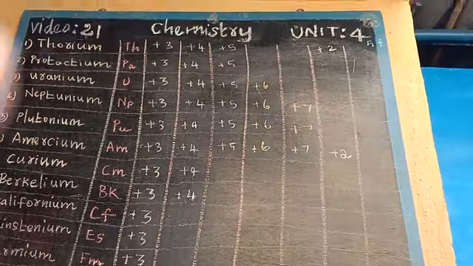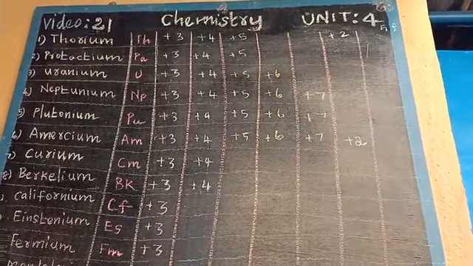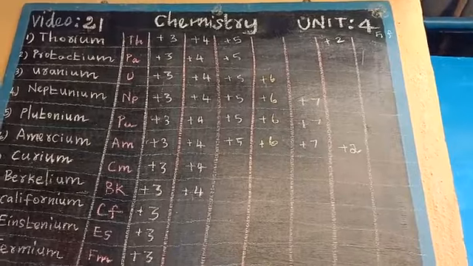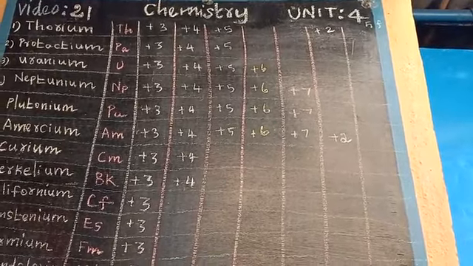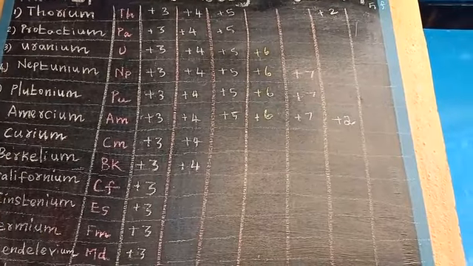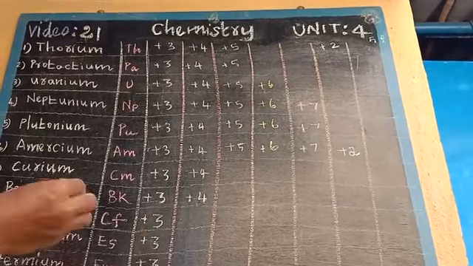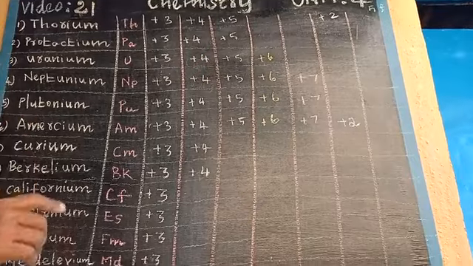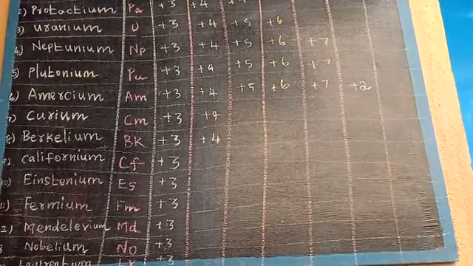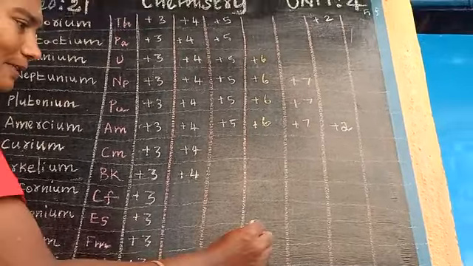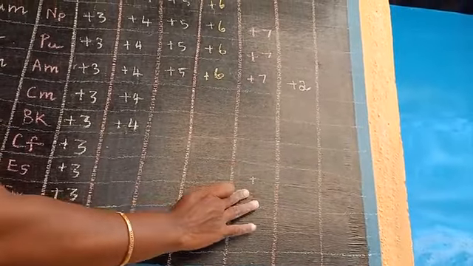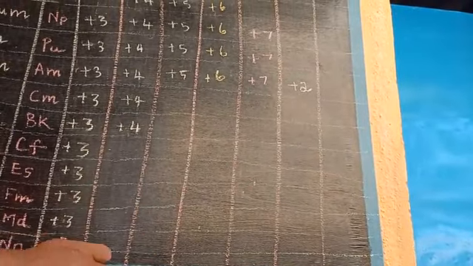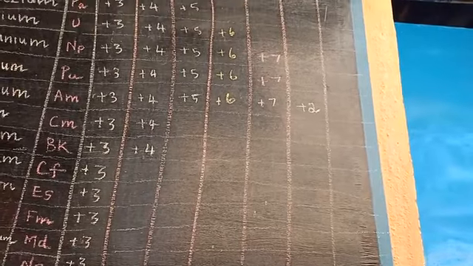Students, see the board. Now we are going to see the topic oxidation state. Alkali metals exhibit one oxidation state, for example lithium, Li+. In the same way, alkaline earth metals show the +2 oxidation state.